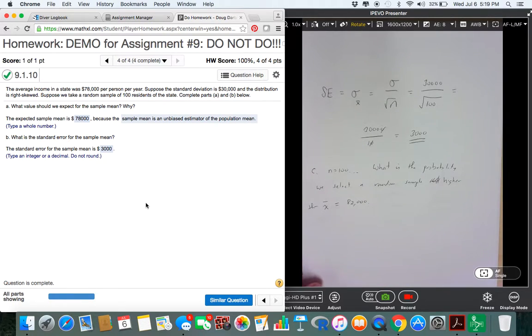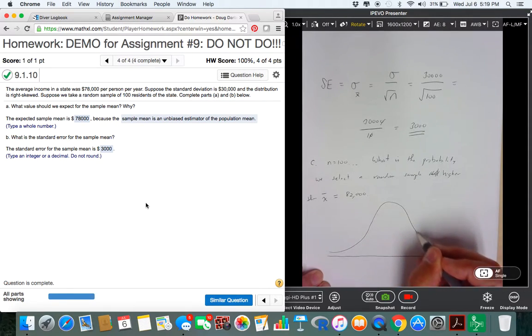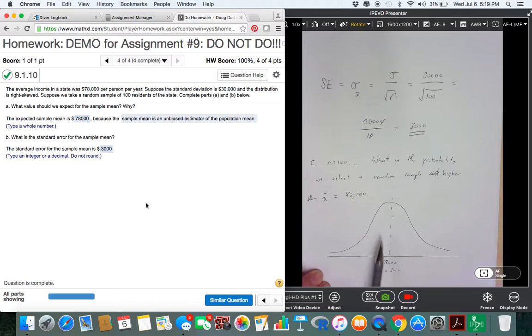X bar of 82,000. So what we would do here is look at our distribution of sample means. It's going to have a mean of 78,000. Our standard error, as we saw earlier, is 3,000. 82,000, by my design, doesn't fall nicely on one or two standard deviations above, so I need a picture.